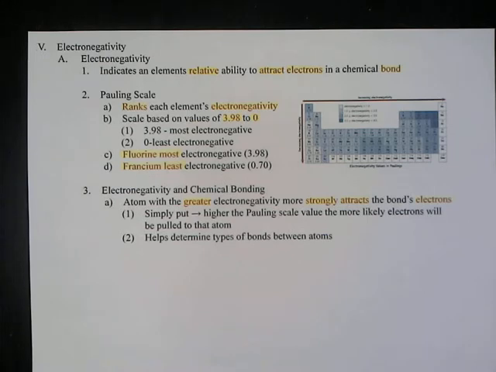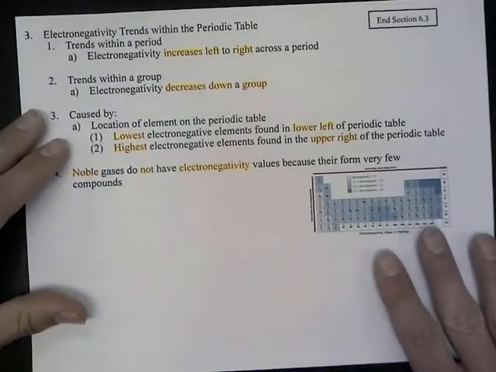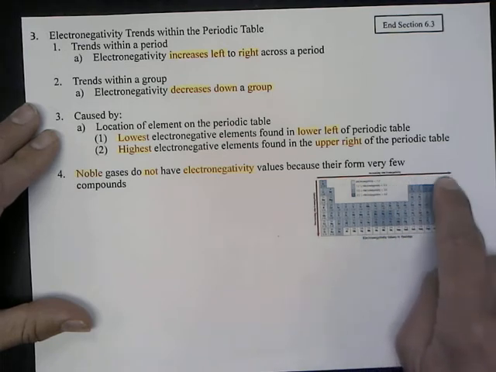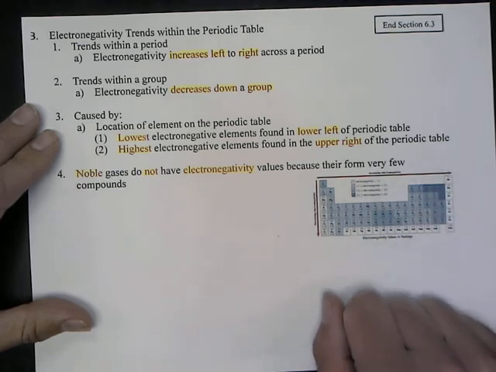So, bottom line up front with electronegativity: the higher the electronegativity value an element has, the stronger it's going to attract those particular electrons. Okay? So let's talk about the trend for electronegativity. As we move from left to right across a period, the electronegativity increases.